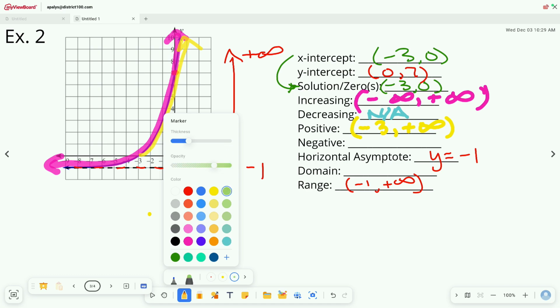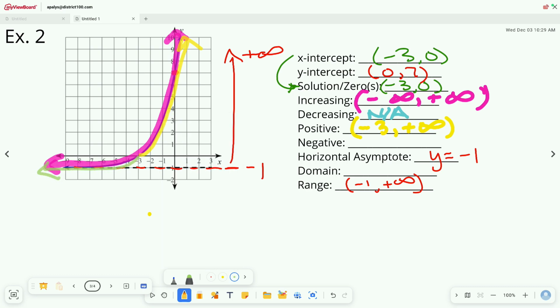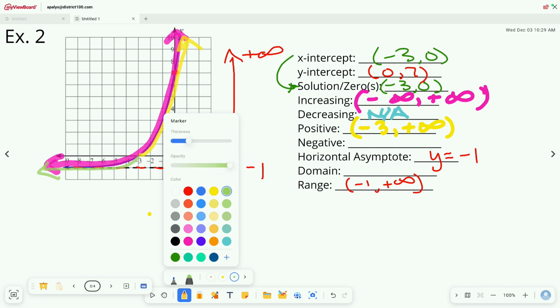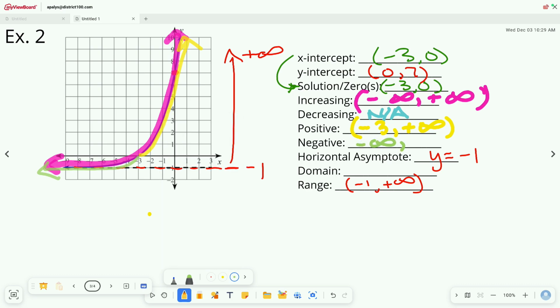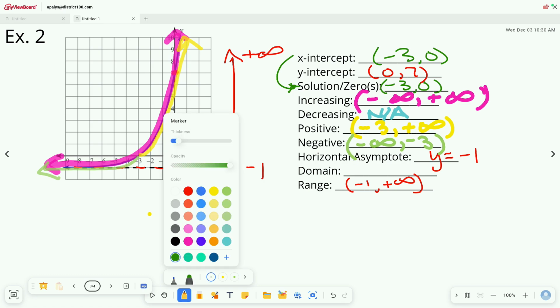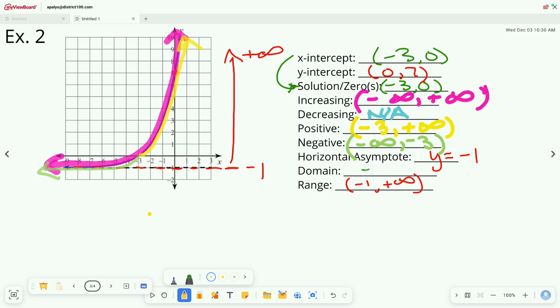When's it negative? -infinity to -3. You guys are so good at these. Oh my gosh, we forgot the easiest one. Oh, the domain. Domain, Carmen. -infinity to +infinity so far. That's how it's going to be till next week.